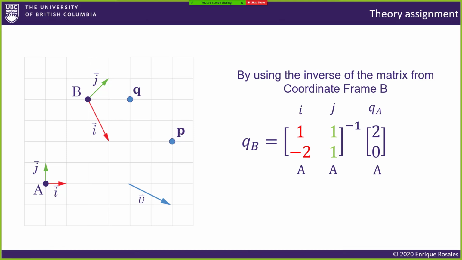This is the part that can be confusing, right? Because, what is happening here? I'm telling you that these are the coordinates of the point Q with respect to coordinate frame A, and that it is 2, 0, right? And many people are probably saying, hey, wait a minute, isn't the coordinate of Q 4, 4?